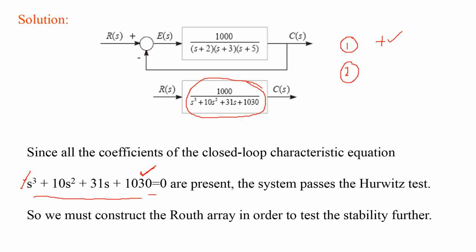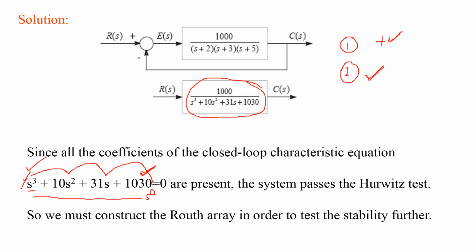So the first point is satisfied. Coming to the second point, there is no missing term from the highest power to the lowest power. Here the highest power is s cube and the lowest power is s power 0. After s cube we have s square, then s power 1 and s power 0. So there is no missing term, and the second point is also satisfied.